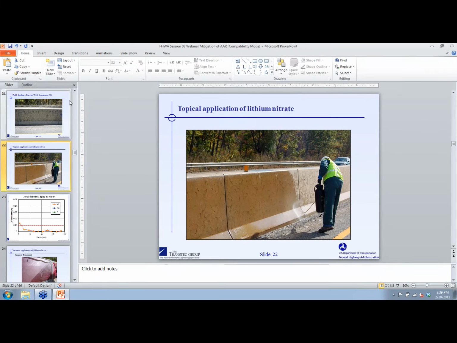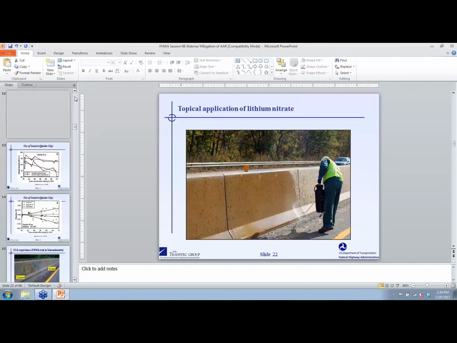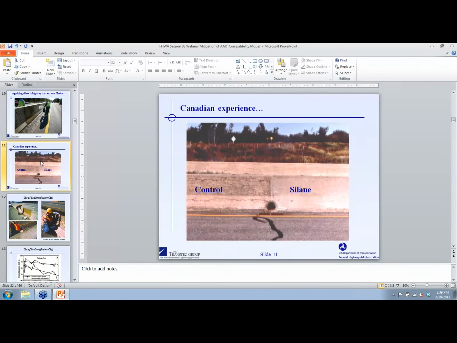The Boston barriers, Ben, I think these were about 10 to 12 years old when we treated them. If I recall correctly. With regard to the Canadian experience, I was not involved in that, so I'll ask Ben. They were about 15 years old. So both sets, in Canada and the U.S., were in the range of 10 to 15 years in age prior to treatment.